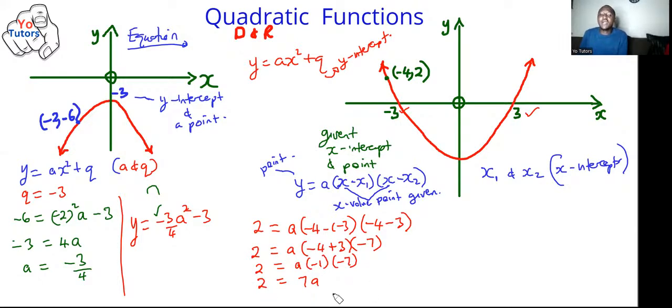Then what is our a now? Our a is equal to 2 over 7. So now that we have found a is 2 over 7, what do we do now? We now need to put in our values.